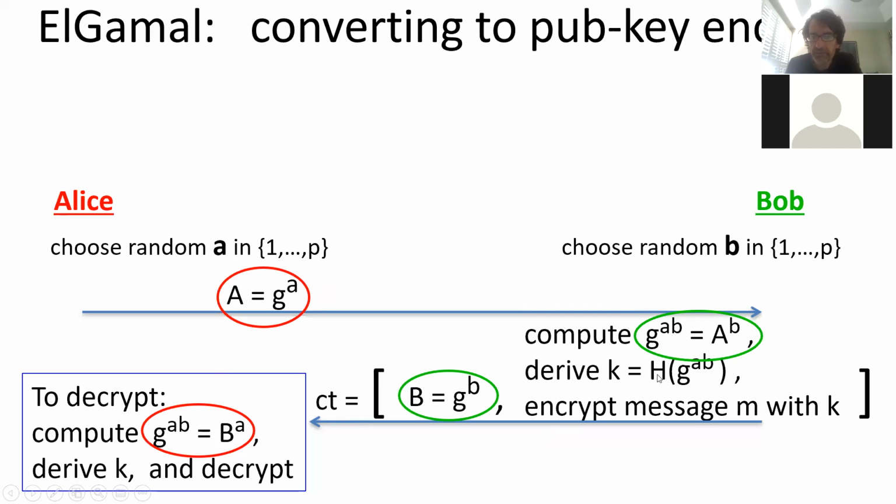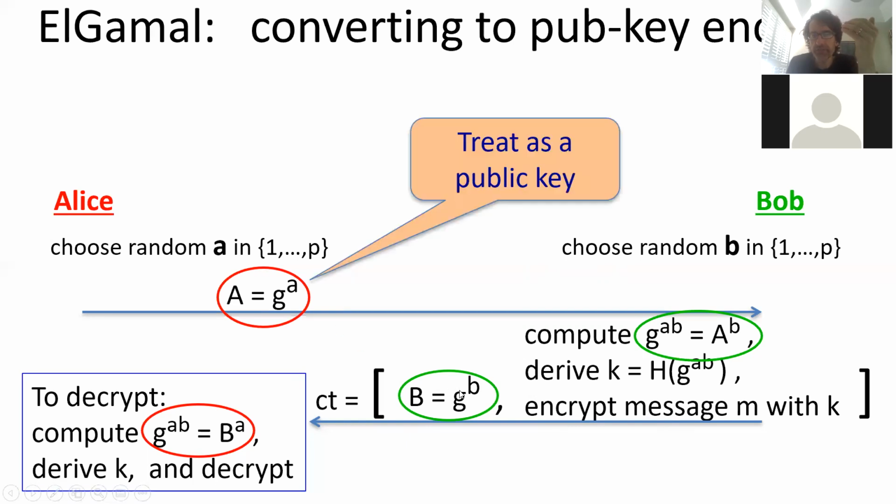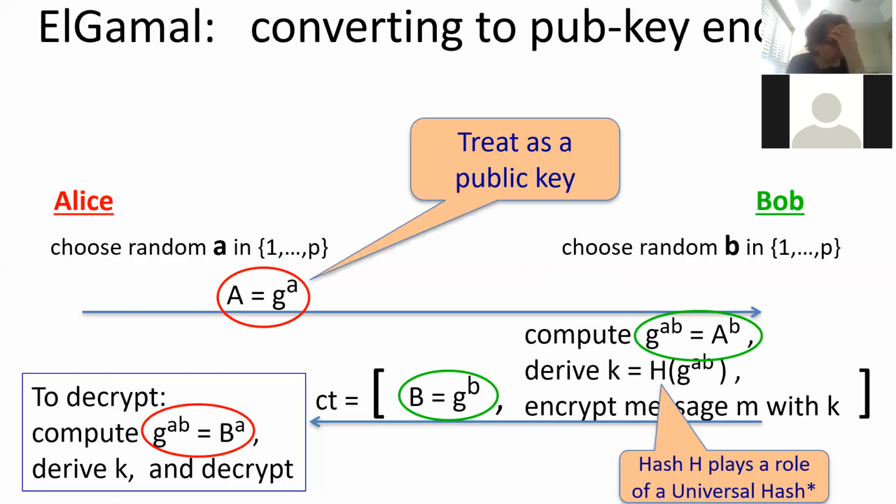She hashes it to receive the key, and now she has the symmetric key. So whatever the size of the symmetric ciphertext, she decrypts. So the circled parts are the Diffie-Hellman parts, now basically recast as an encryption.